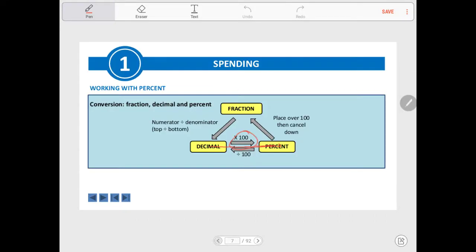Okay, fraction to percent. So we see that when we look here, there's not an arrow directly from fraction to percent on this diagram, so we need to go this way to decimal first and then this way. So we're going to need to get on the calculator and do numerator divided by denominator and then multiply that by 100. So we've got 2 steps in this situation.